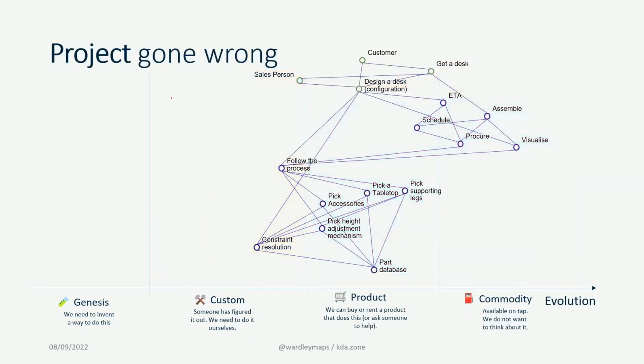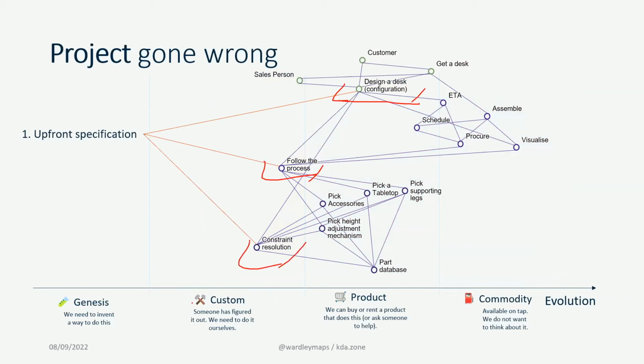So how do projects go wrong, or product launches, how can they go wrong? Typically, if you do an upfront specification here, here, and here, you end up with a lot of uncertainty in your project schedule or a roadmap. What happens there if you try to implement that? And by the way, this stuff, especially here, is impossible to specify in advance.